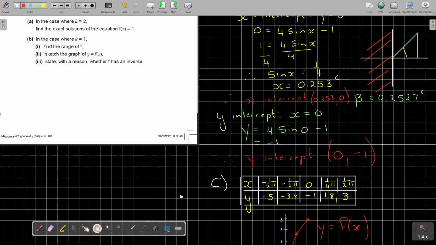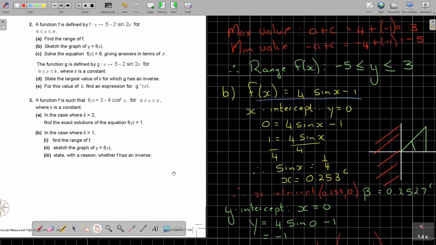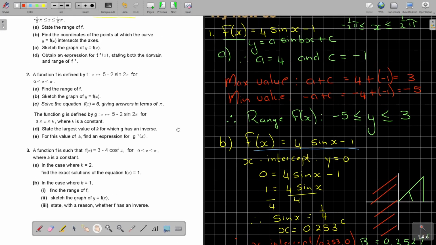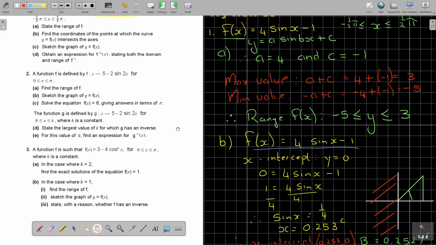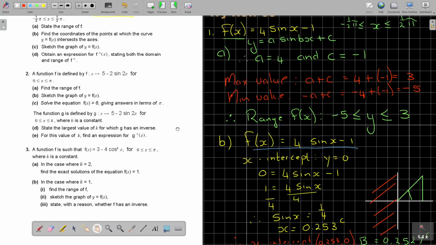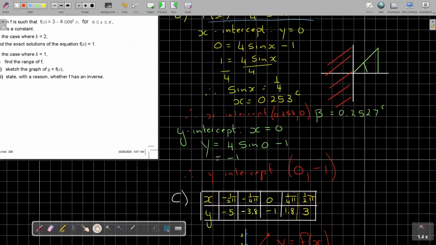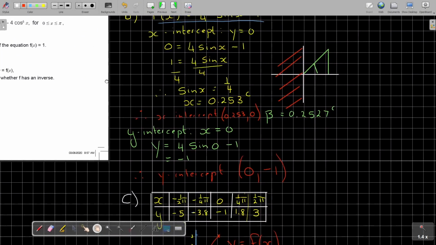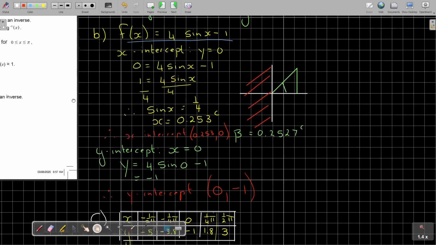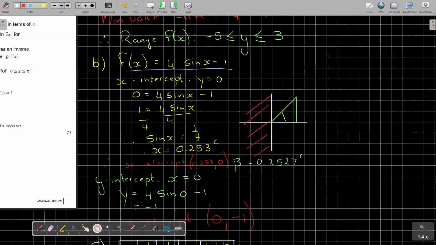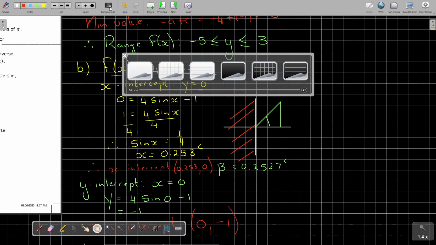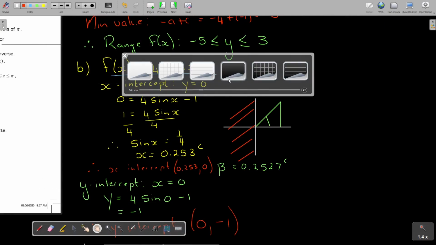Long question, long question. So sketch, I did that. Obtain an expression for the inverse, stating both the domain and the range of this. I don't like the grid when I work.